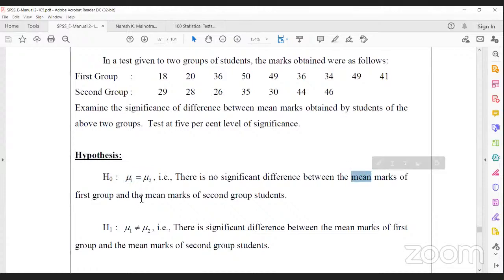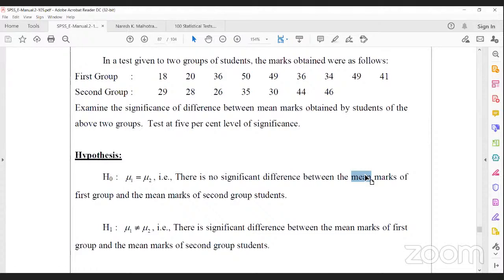This is important. If you are not writing this, you are not applying the t-test. When you want to compare means, up to two groups only, we are able to compare with the t-test. For more than two groups, what do we do? Anyone guess?